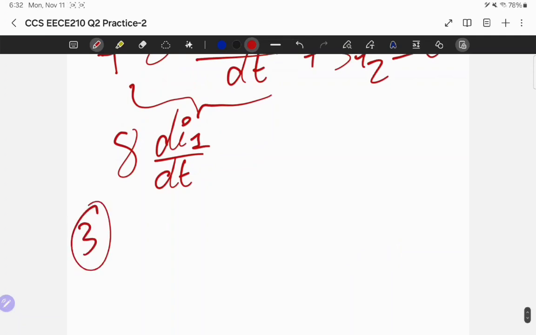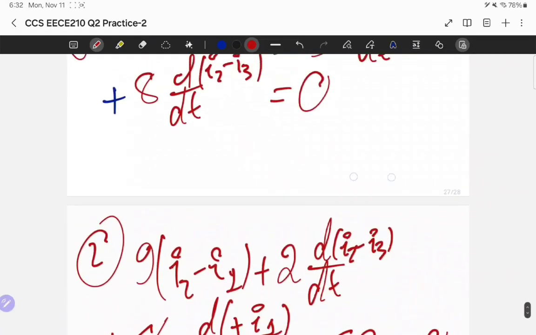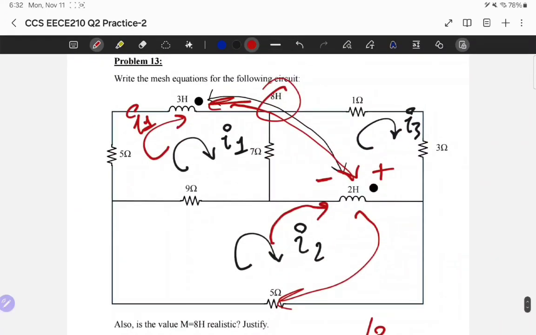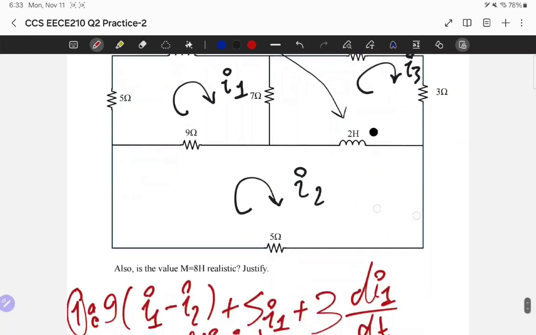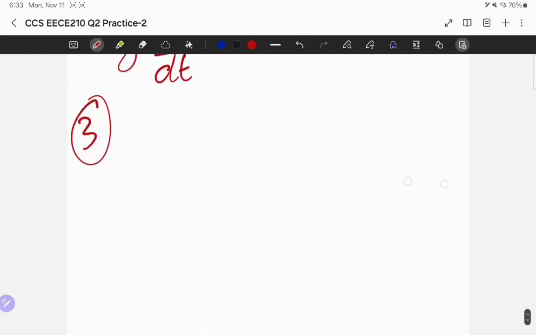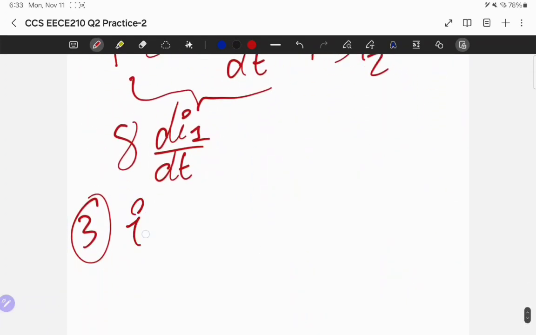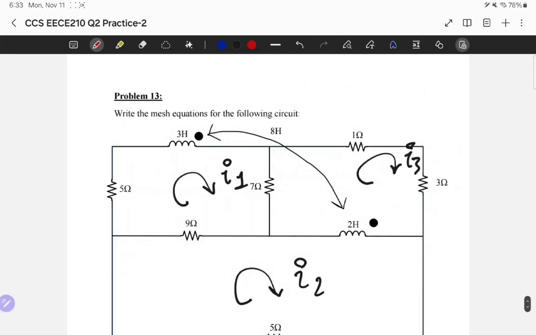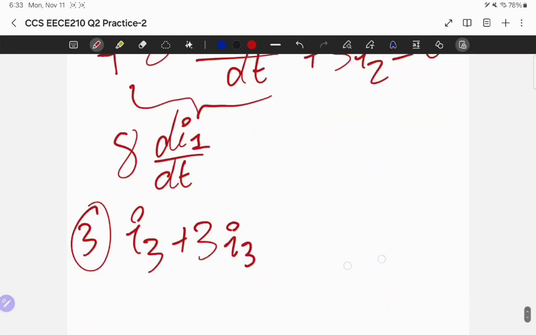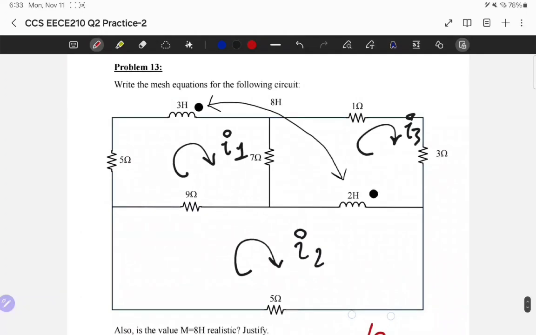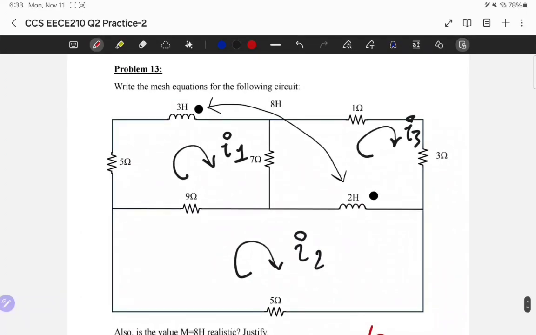Now for mesh 3, which is the final one, hoping that the idea of the dot product is clear by now, I get into I3, and let's start with 1 I3, and then plus 3 I3, and then now the 2 Henry inductor.